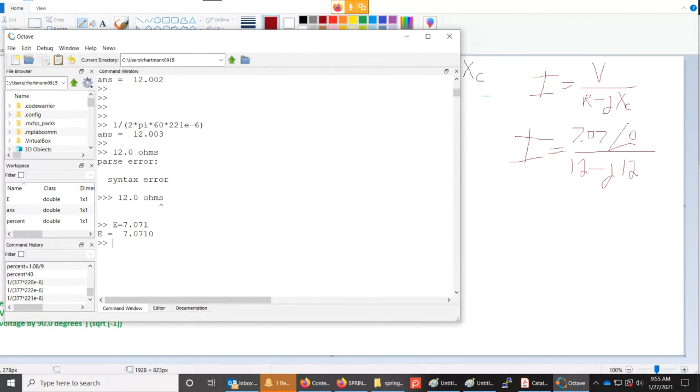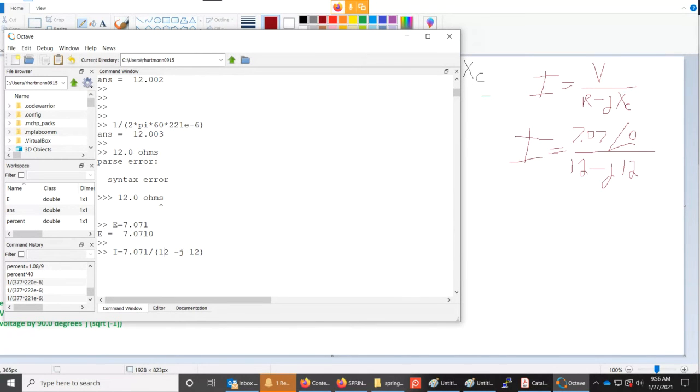All right. If I wanted to punch this into the calculator, if I'm using the TI-84 or the Octave software, I can say I is equal to, and I can punch it in like it's shown right over here. I can just put in 7.07, divided by 12 minus j12.